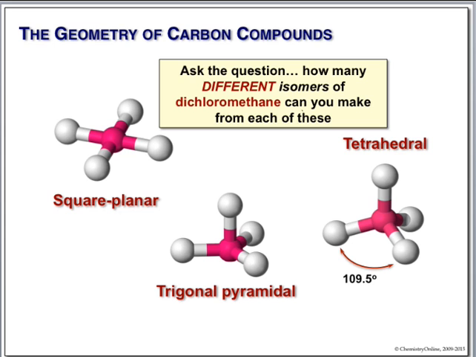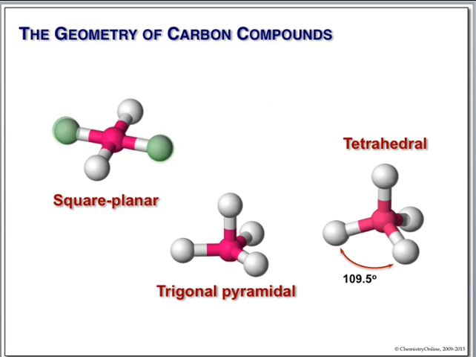Starting over here with square planar, we could put our 2 chlorines opposite each other. That's one. Or we could put them next to each other. So we would expect at least 2 isomers of our dichloromethane.